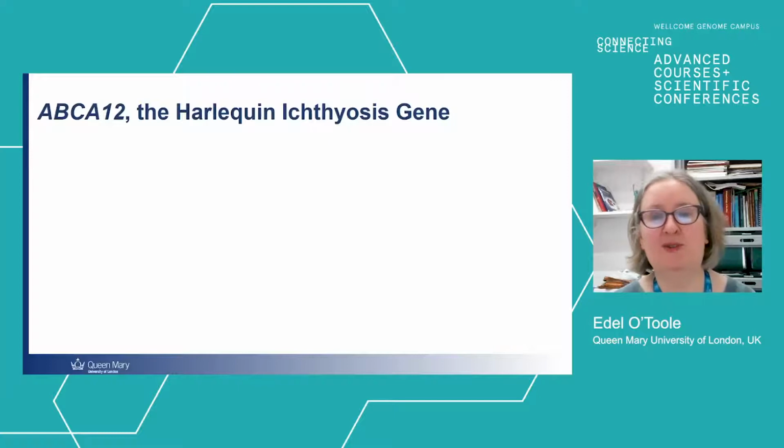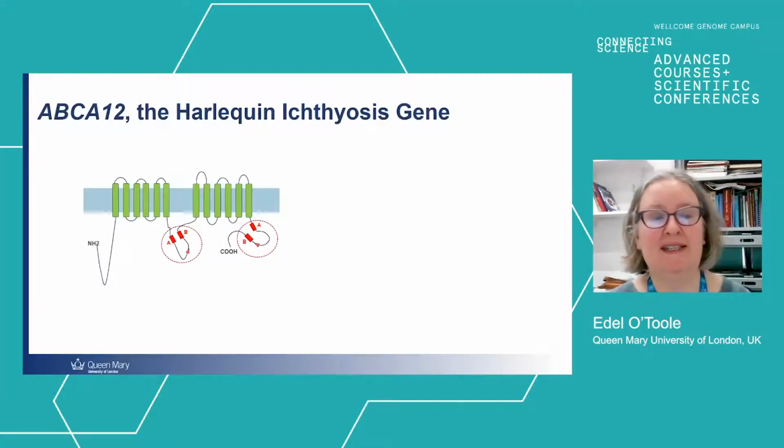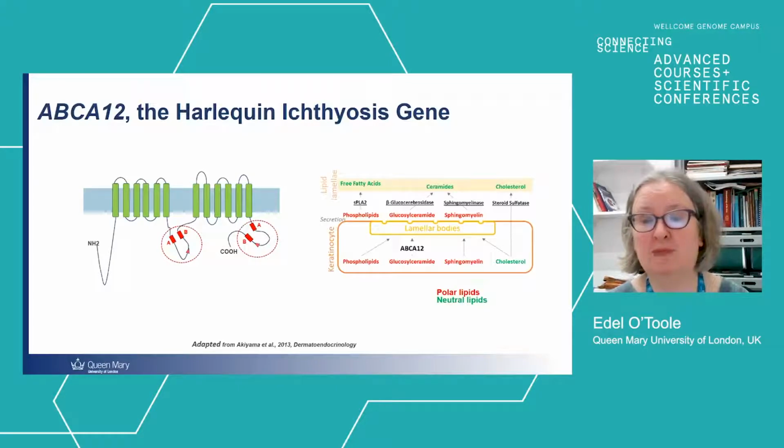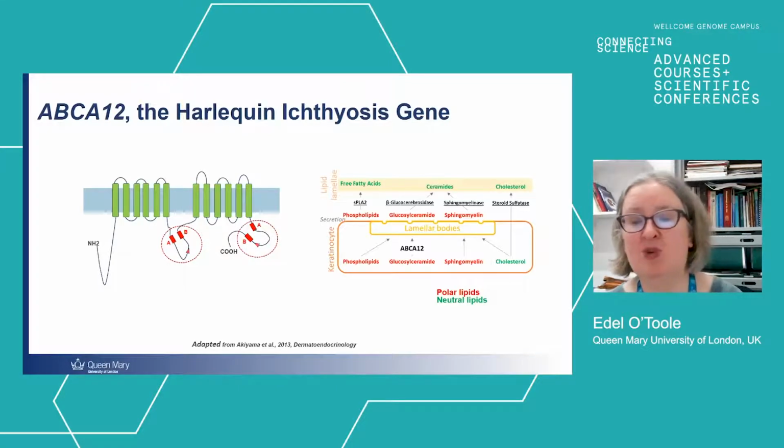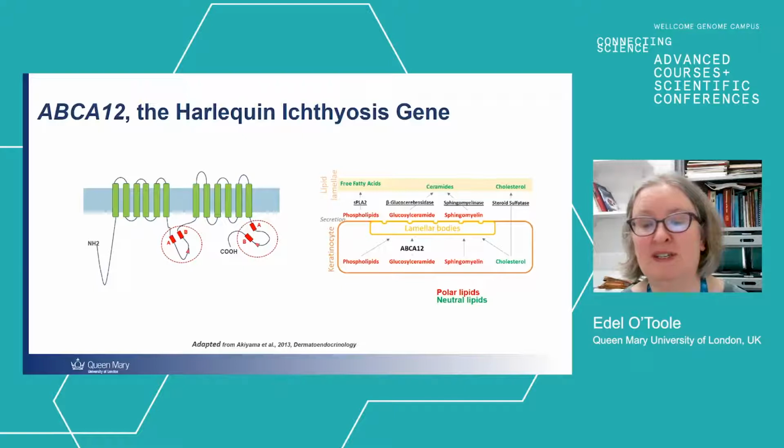So the Harlequin ichthyosis gene is called ABCA12, and it's an ABC transporter, so it's a transmembrane protein. ABCA12 seems to be particularly important in transporting glucosylceramide from the lamellar bodies into the lamellae of the stratum corneum.